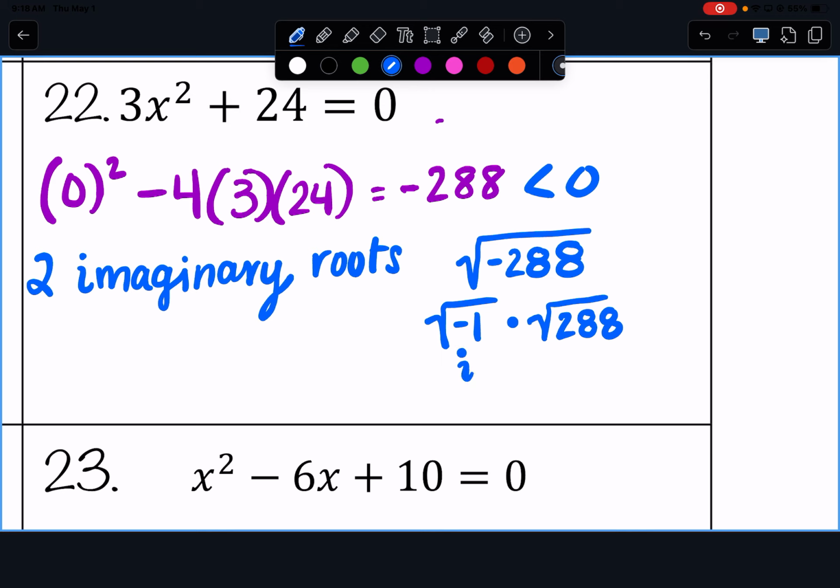What's the square root of 288? Use one of those calculators. 12 square root 2. So we would have 12i times the square root of 2. So we get an imaginary number in there because of the negative. Well, why 2?